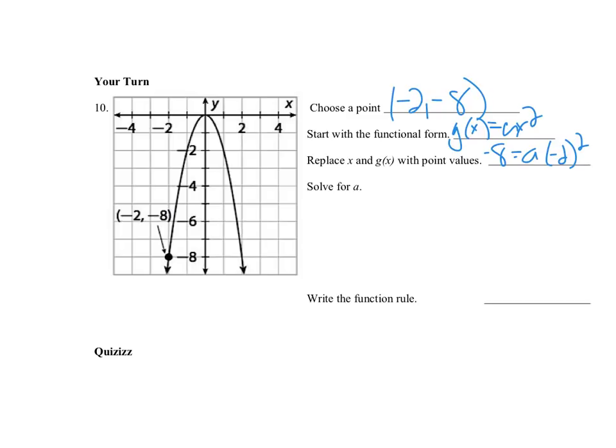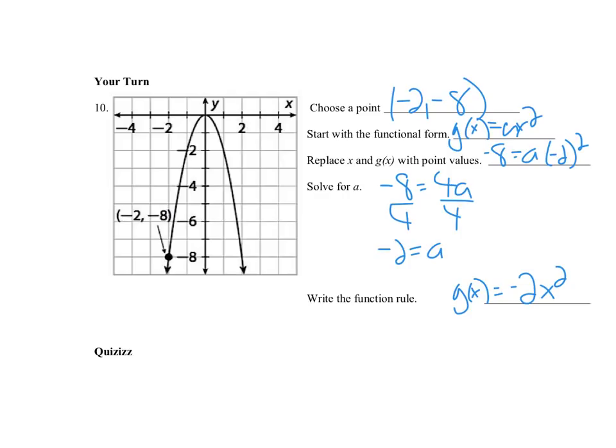We're going to solve for a now, so I get -8 equals 4a, divide by 4, and -2 equals a. So this time we get y equals -2 x squared, and that y should be a g of x because that's what we started with. And so we get g of x equals -2x squared.